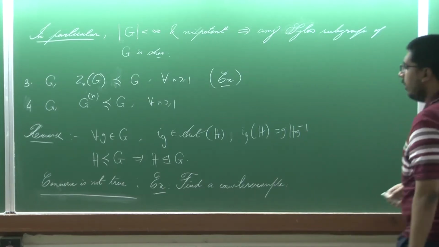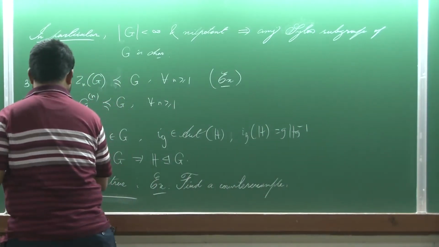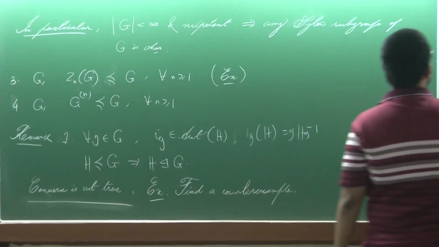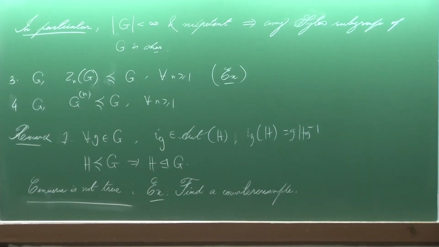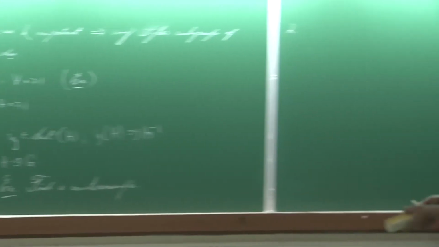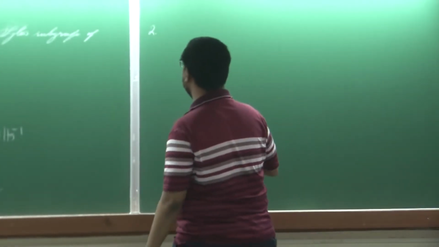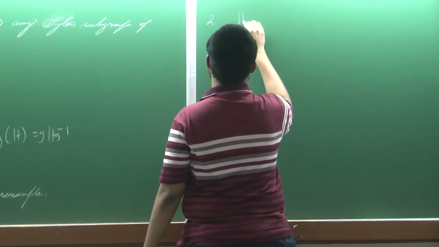And one more thing which I would like to put under this remark: earlier we have seen that if H is a normal subgroup of K and K is a normal subgroup of G, then H need not be a normal subgroup of G. However, the following is true.